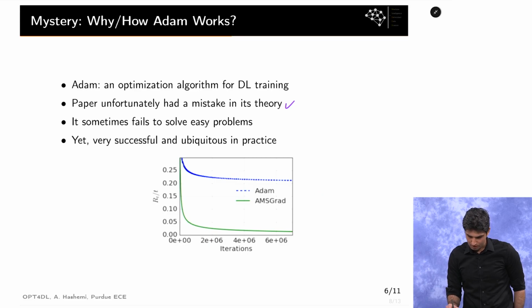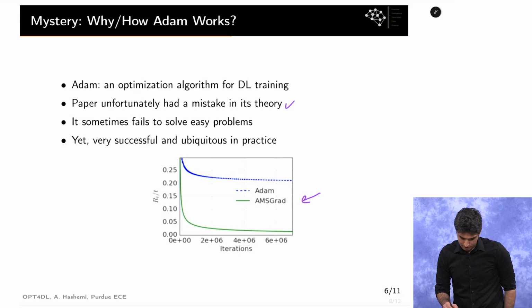So here is a figure meant to show the failure of ADAM for a simple problem. Essentially, you should be able to find a very good solution, but given that ADAM has some problems, there is a gap.